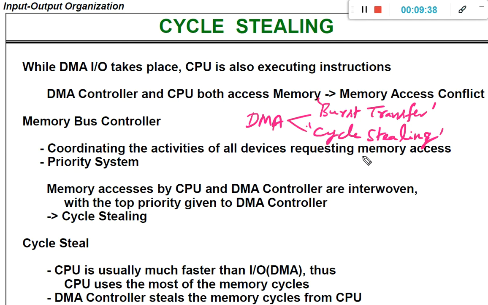As the CPU is having more control, definitely the CPU also needs some of the memory content. To execute the instructions, the CPU needs control of the memory also.